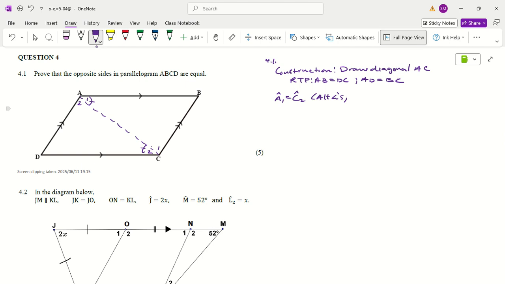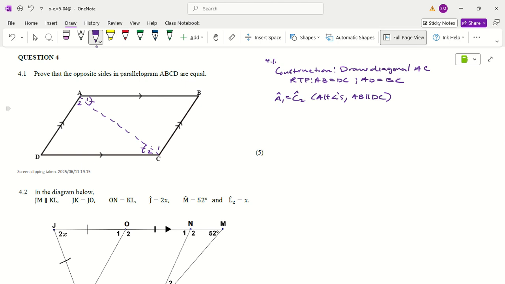So the parallel lines that we've just used here, A1 alternating with C2, is that AB is parallel to DC. So AB is parallel to DC, and this one was given, right?